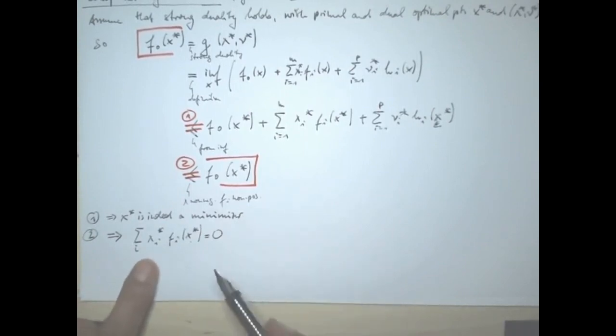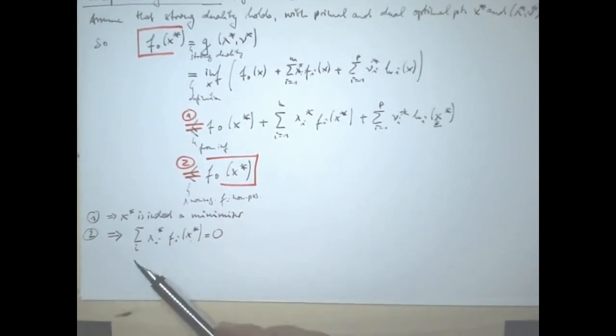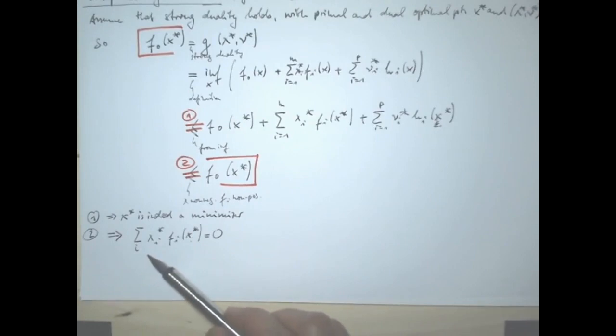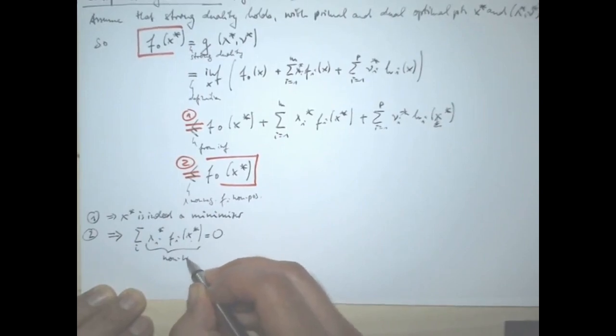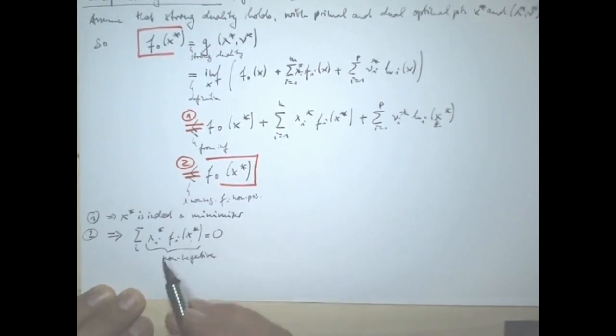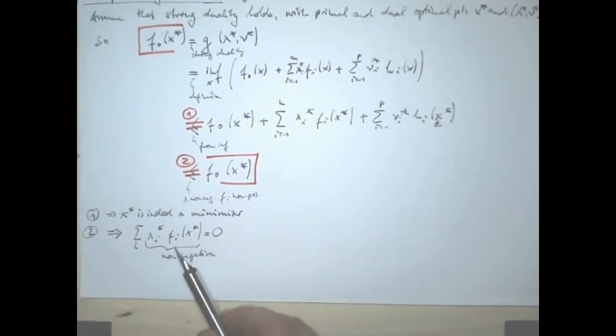But we know moreover that each lambda i times fi is non-positive, because the lambdas have to be non-negative and the inequality constraints have to be smaller than or equal to 0 at the optimum, which is feasible.